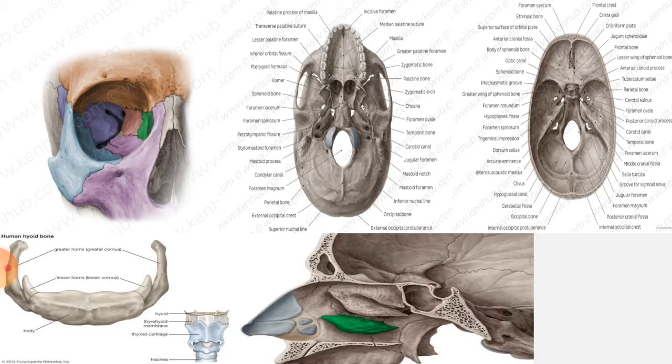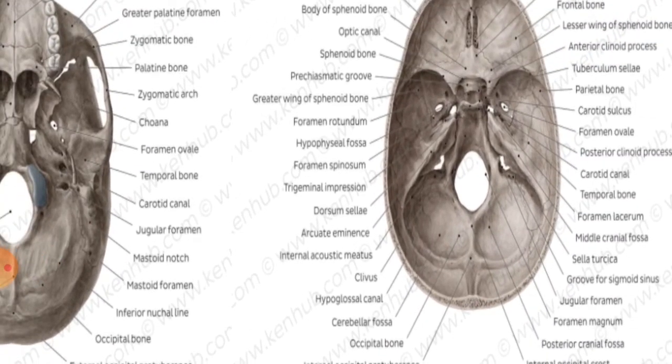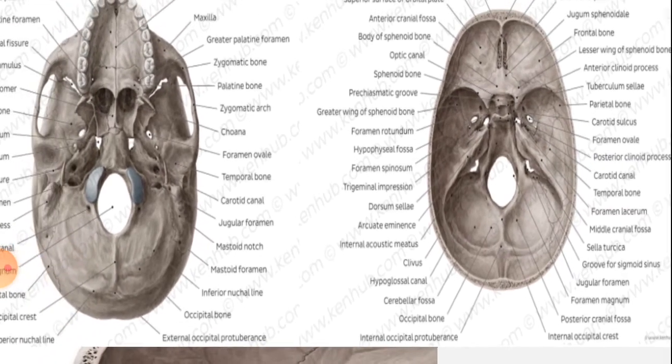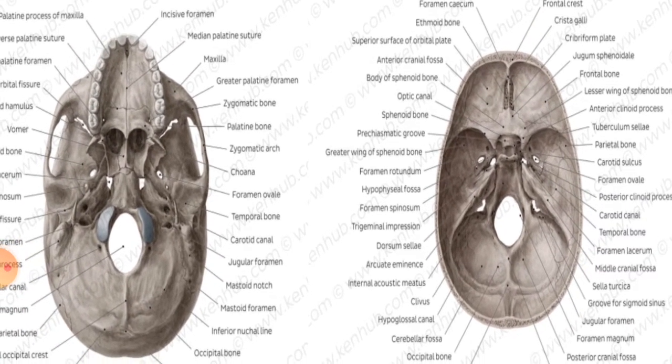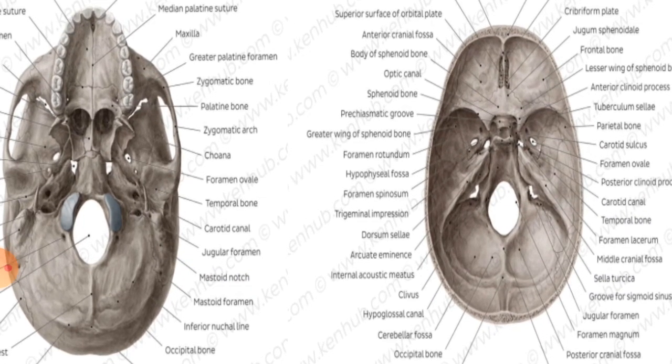Okay, now we will discuss the base of the skull, which is really very important, and we will appreciate various foramina and various structures that lie in the base of the skull.